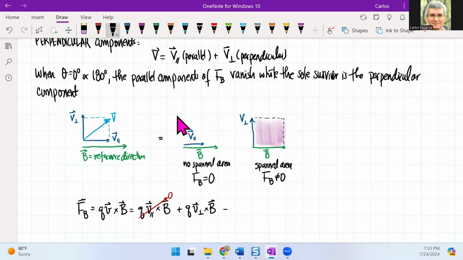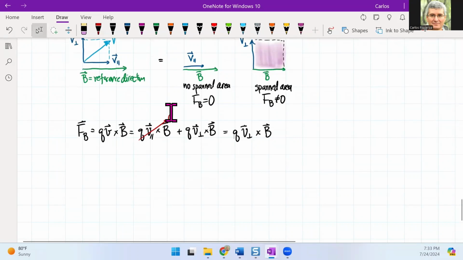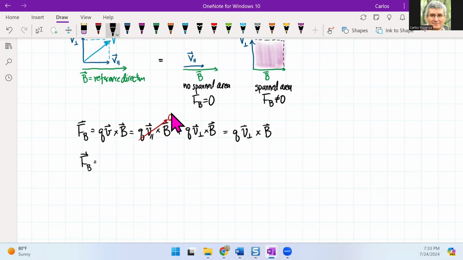So the only surviving component has to be QV perpendicular cross B. In other words, the magnetic force in vector form should be QV perpendicular cross B. And this is the most common way to write it.